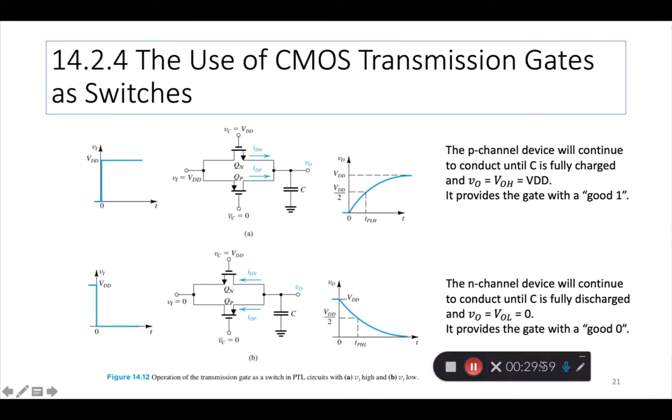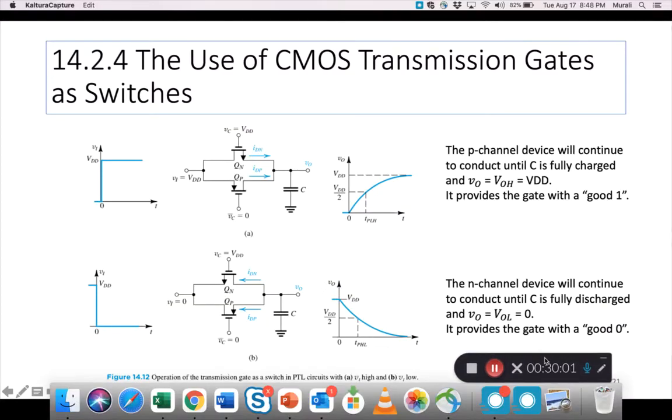All right. So again, we have the two scenarios to look at. The input being high for the transmission gate switch, and the input being low for the CMOS transmission gate switch. So both QN and QP work together in each scenario.